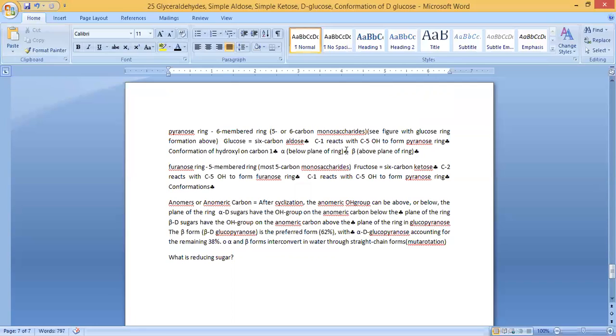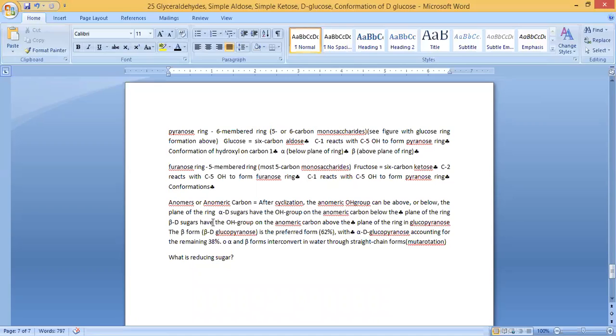Okay, so the figure we have shown in the above slide. The example is glucose, where carbon number 1 reacts with carbon number 5, and the pyranose ring is formed. In the furanose, it is a 5-membered ring. The example is fructose. Here carbon number 2 reacts with carbon number 5 and makes the furanose ring.